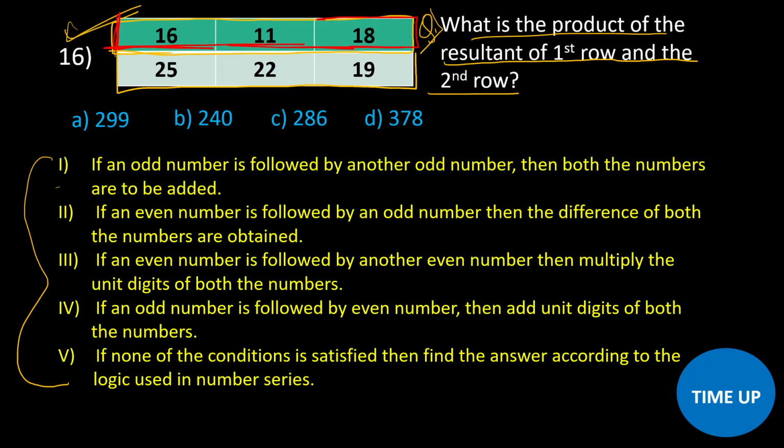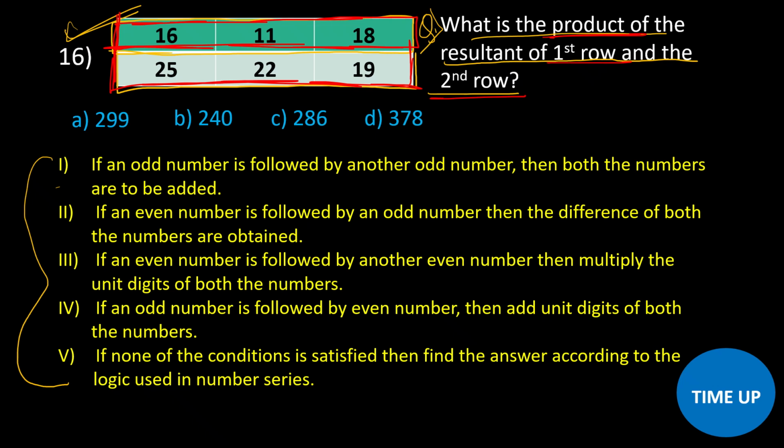Row means horizontal, column means vertical. Correct? They have said row. We want the product of the first row and the second row.